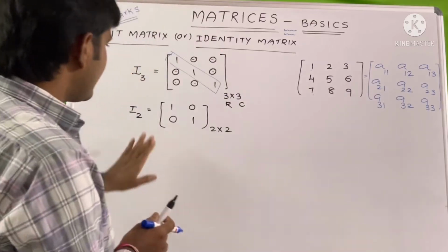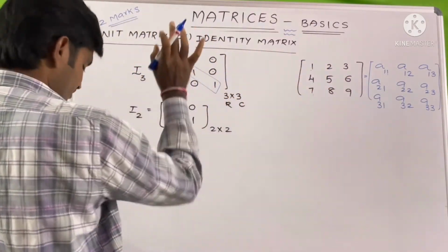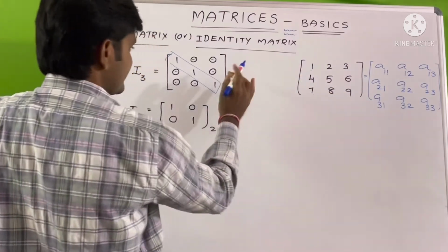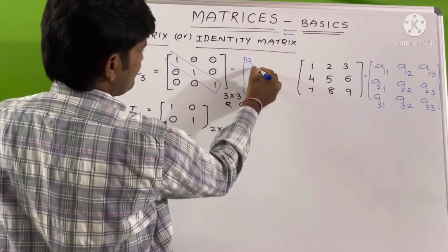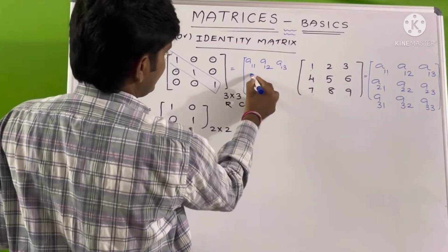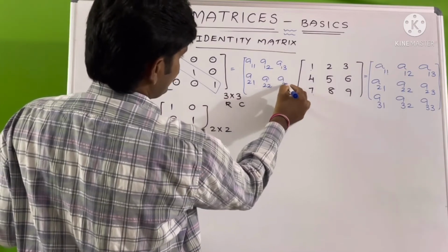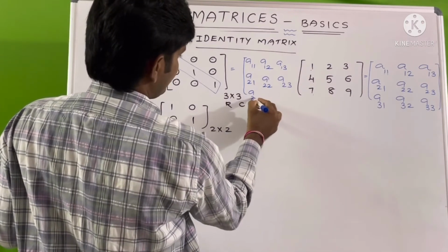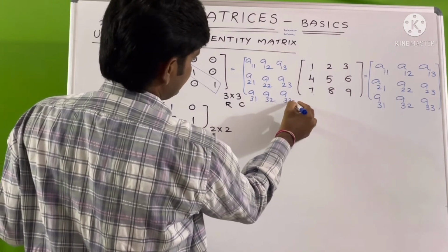Okay. Now this concept is applied here to the identity matrix. So here this is A11, A12, A13, A21, A22, A23, A31, A32, A33.